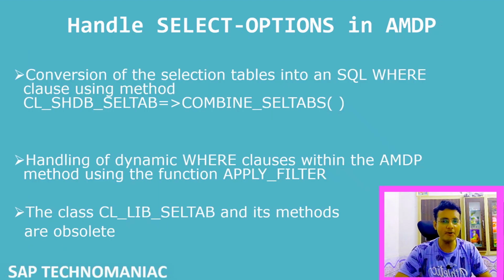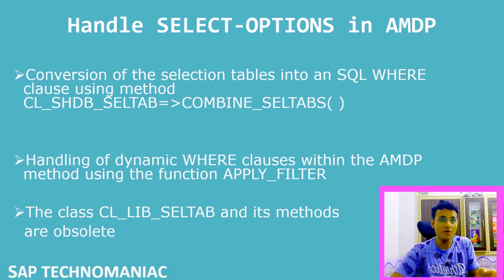SAP has given us a class, CL_SHDB_SELTAB. Inside this, we have one static method, COMBINE_SELTABS. This method gets all the select options from you, converts them into an understandable form of the SQL script language, and creates one string.